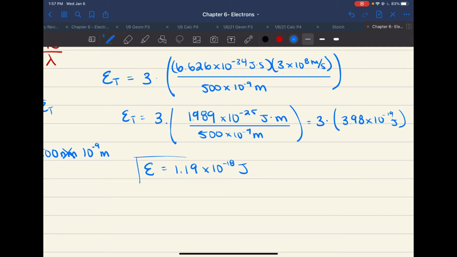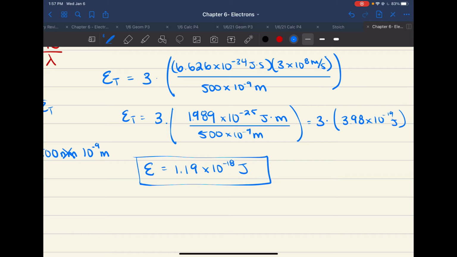Now, as I've been mentioning, these numbers are going to be incredibly weird for us to wrap our brain around, right? We're not used to dealing with really large or really, really small numbers, but all I want you to understand is if it's 10 to the negative something, that usually means it's very small.